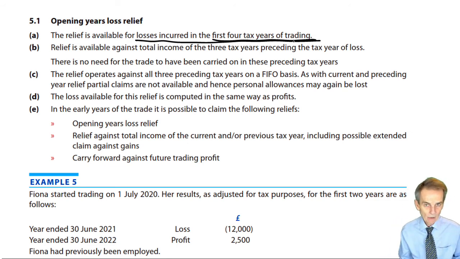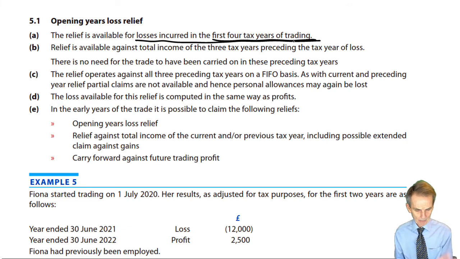So this is only available if we have a loss falling into the basis period of any of the first 4 tax years of trading. And the way that it gets better than those other usual normal reliefs that we've just gone through again, would be to allow the taxpayer to carry that loss back further. If you could carry it back not just 1 year, but more years, which obviously you can with this loss relief, then that gives you a bigger chance of using that loss now and getting a more immediate cash flow benefit from it.